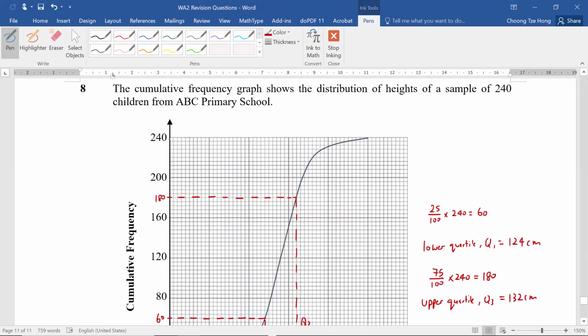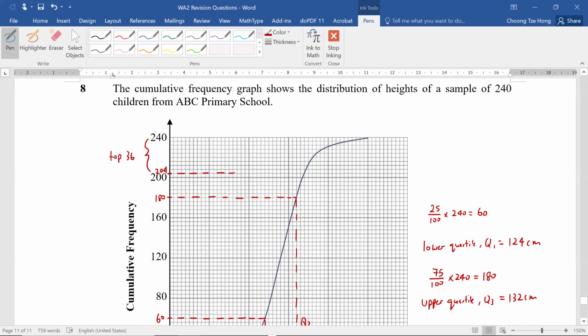So 240 minus 36 will give us 204. So 204 is actually over here. We are looking at the heights of these top 36 students, right? So we'll just use 204. So this one should be 204, not 240. Okay, 204, we'll go over.